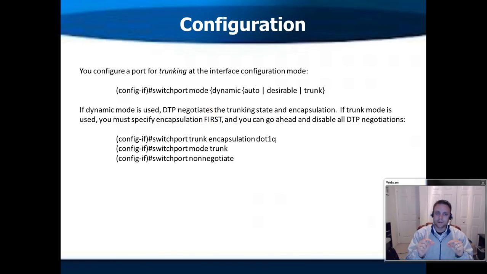I'm going to say that one more time. If dynamic mode is used, dynamic auto or dynamic desirable, either of those two, the dynamic trunking protocol negotiates the trunking state and the encapsulation for you.